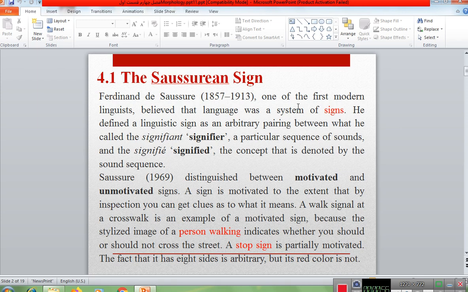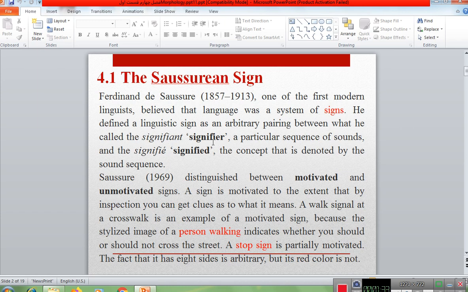He defined the linguistic sign as an arbitrary pairing between what he called the signifier, a particular sequence of sounds, and the signified, the concept that is denoted by the sound sequence. So this is the definition of sign.